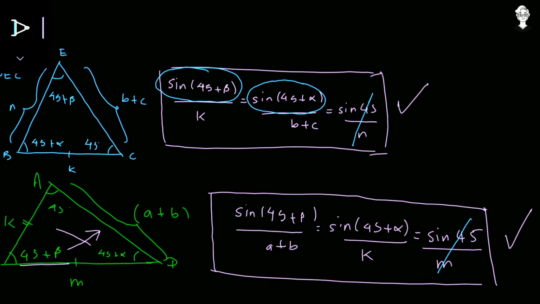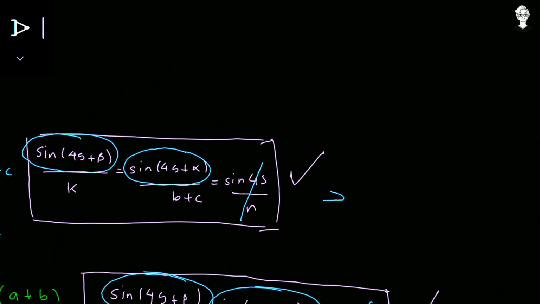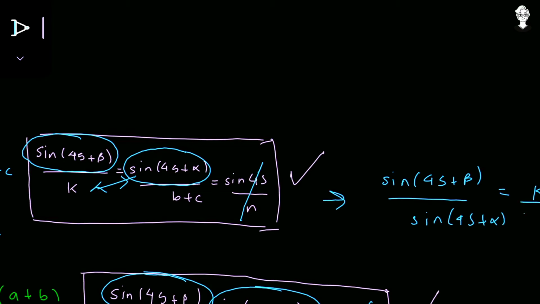These two things were generated by ourselves, but these two things are important. Here we can see sine of 45 plus beta, sine of 45 plus alpha, and here also we can see sine of 45 plus beta, sine of 45 plus alpha. So from here I can have the ratio: I shift k over there and sine of 45 plus alpha over here, so sine of 45 plus beta upon sine of 45 plus alpha is equal to k upon b plus c.